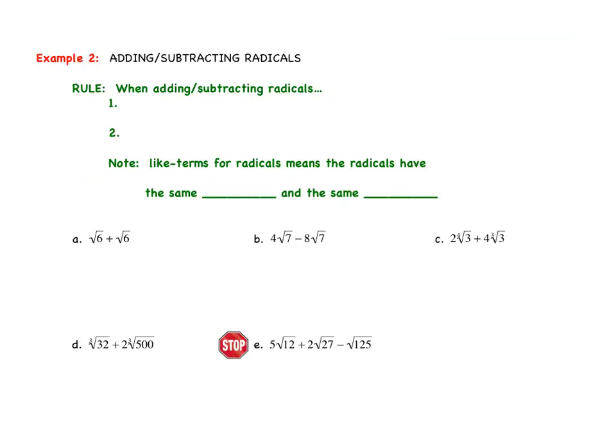Okay, so now we're going to focus on adding and subtracting radicals. The key here is that when we're adding and subtracting radicals, we need to keep in mind a few things. Step number 1 is we need to simplify each radical.